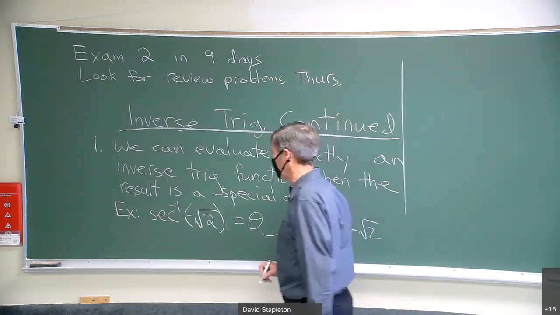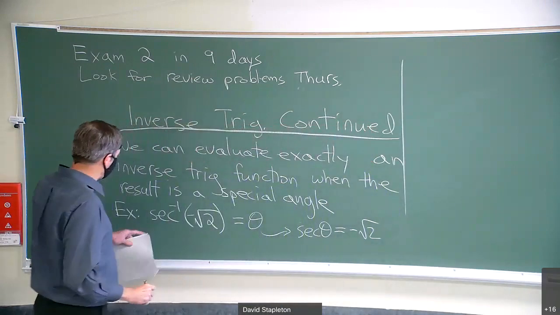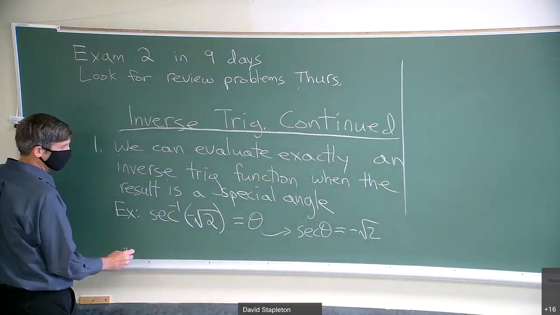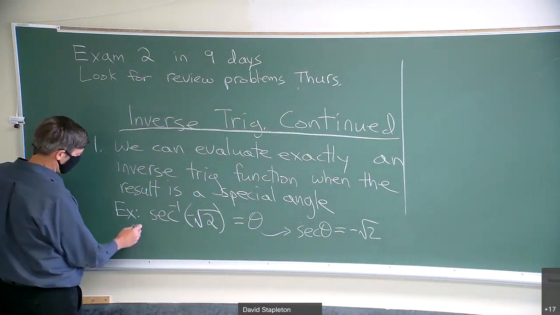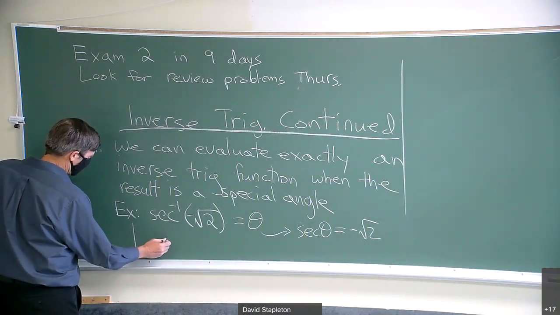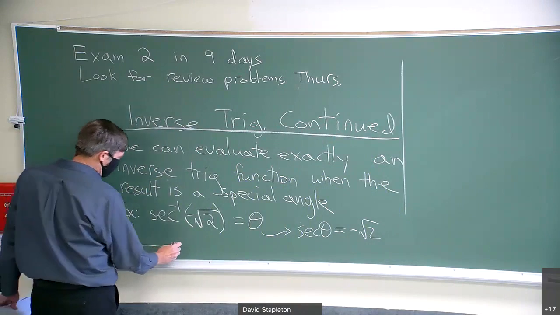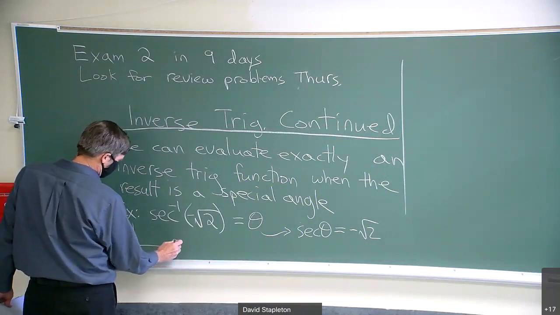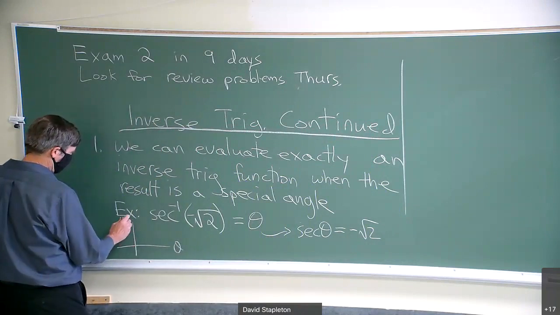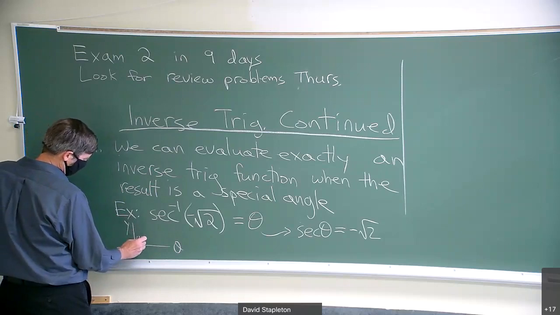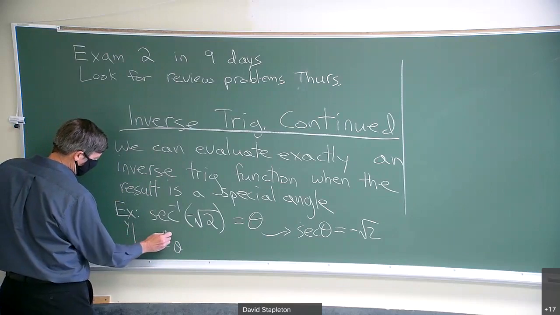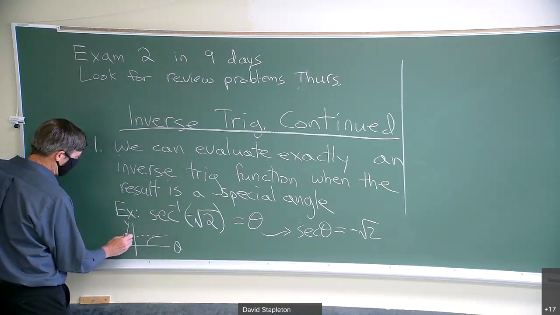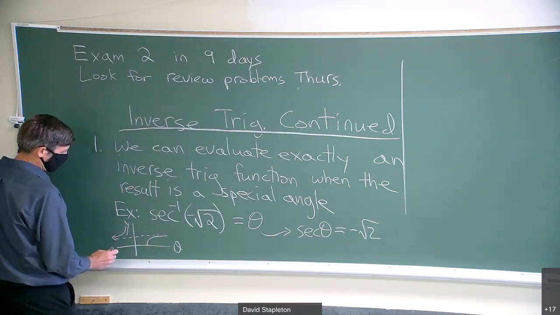Then you also bear in mind that you know the range of the secant. If you plot the secant function, theta versus secant theta, it looks something like this. It always gives you an angle between 0 and pi, not equal to pi over 2.